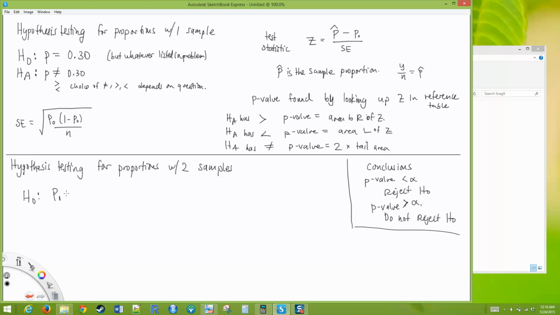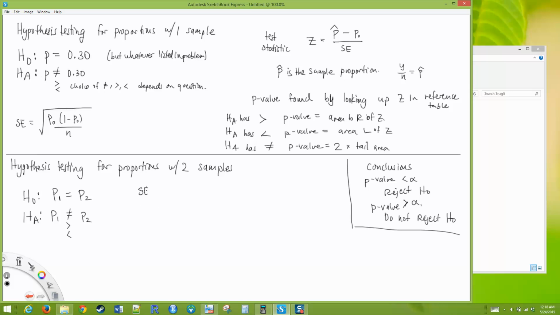The null hypothesis is going to be P1 is equal to P2. That's always going to be the case for hypothesis testing for proportions with 2 samples. The alternative will be P1 not equal, greater than, or less than P2.